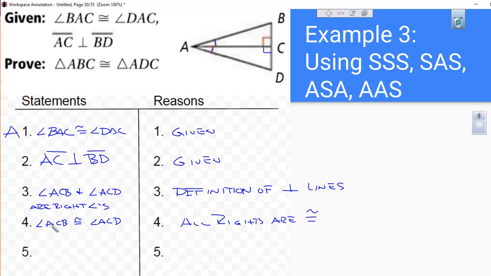So that is another statement of congruency. So this is another angle, which means now we need to show that we have a side that's congruent. Because we don't have one that has three angles, we have one that has a side. So which side would it be? We've got two angles, and once again you have a side that is shared, so we can say that AC is congruent to AC, and this once again is the reflexive property.